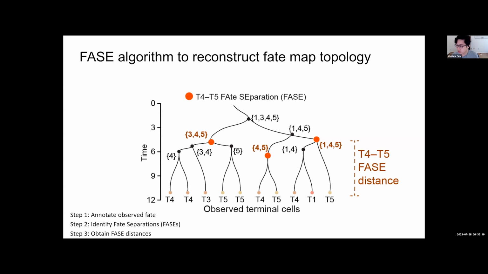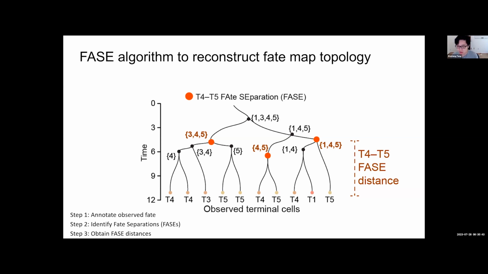The PHASE algorithm tries to identify the latest time along this timescale phylogeny before a pair of terminal fates has separated. So in this hypothetical example, the highlighted node here in red denotes the place along this phylogeny where the T4 and T5 fates have separated from one another.